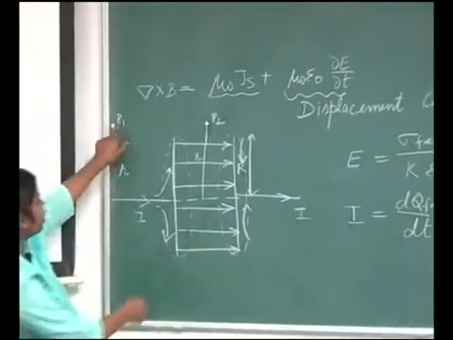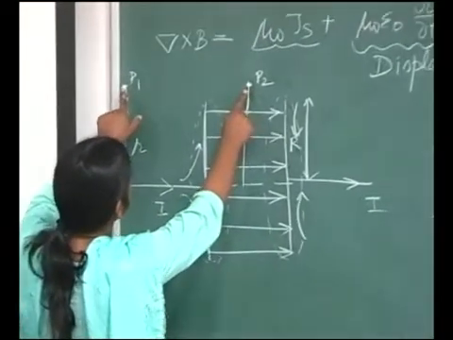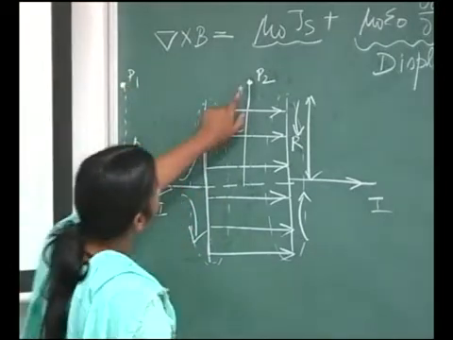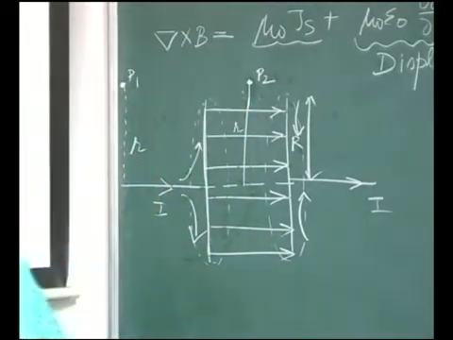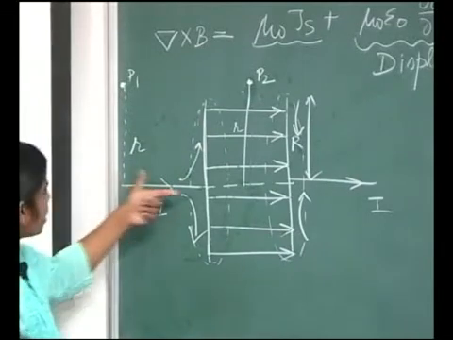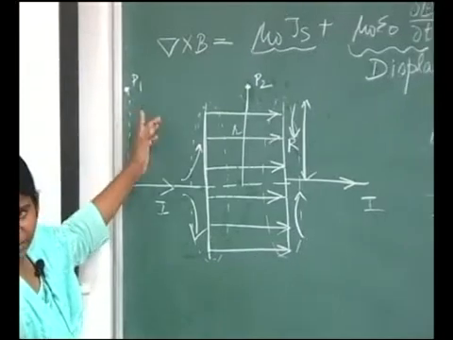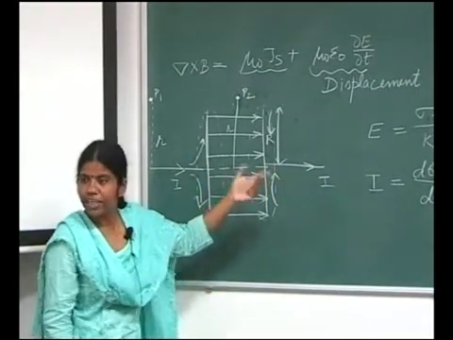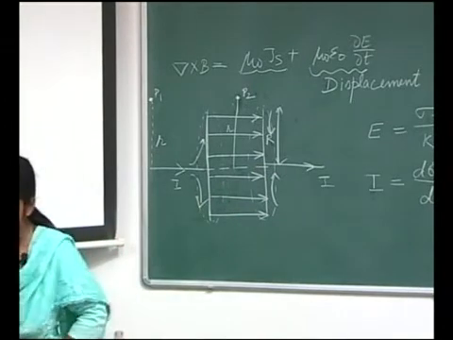I have 2 points. So, what would you suggest would be the magnetic field at P1 and what would be the magnetic field at P2? Here current is flowing, so there should be some magnetic field that we can calculate, but what about this plane? Will there be a magnetic field or not?